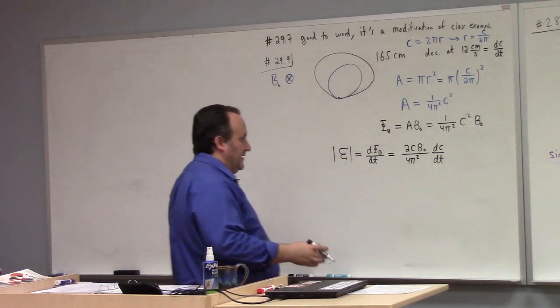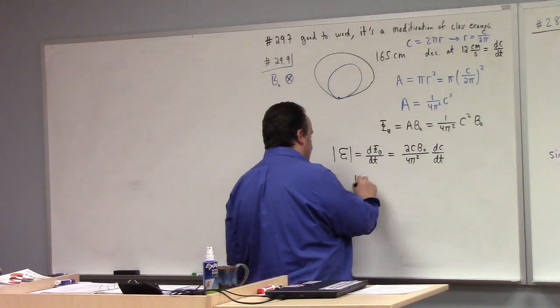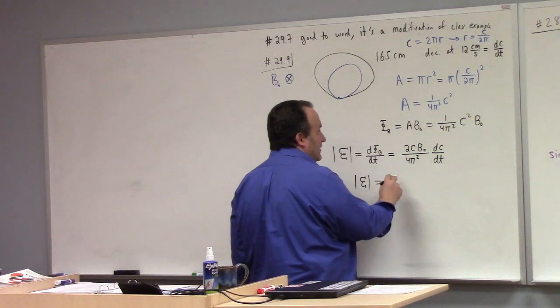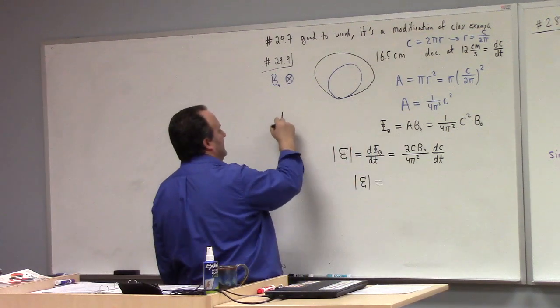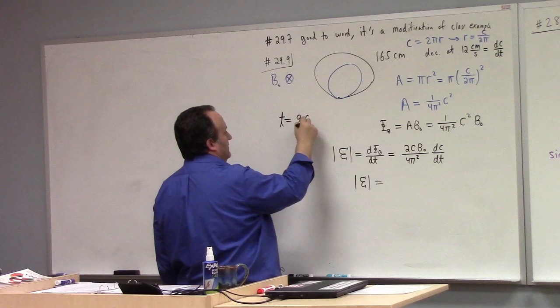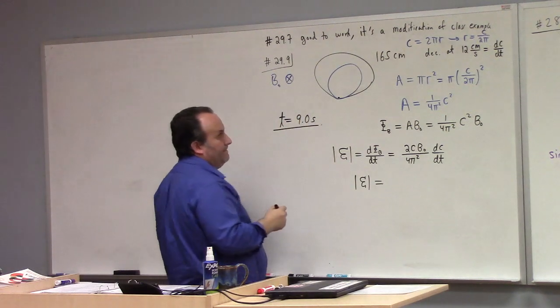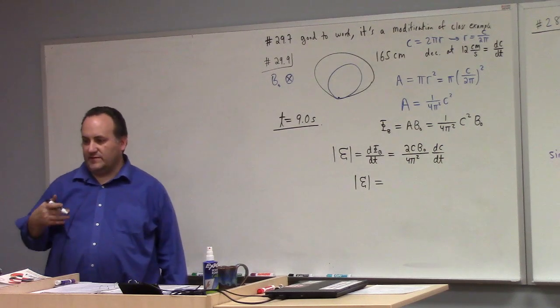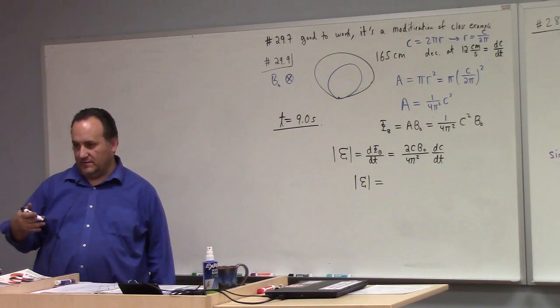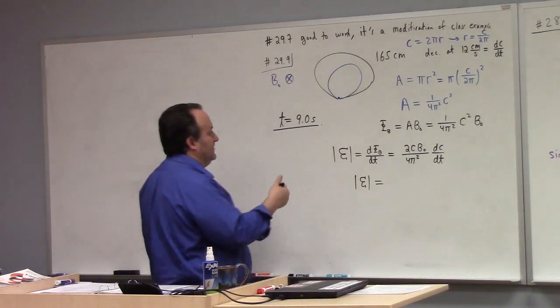Now, all right, so what do we got? We're looking at t equals 9 seconds, right? It tells us that the circumference is decreasing at a constant rate. So what is the circumference at this time?